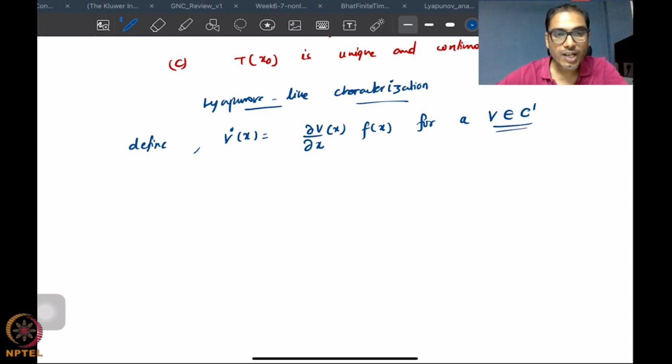If you have a continuously differentiable function V, then you can make this kind of definition for V dot. By the way, this works even for this special case where you have solutions which are unique but not at the origin, and unique in forward time. So this Lyapunov derivative idea is still valid here, and V dot turns out to be exactly this.